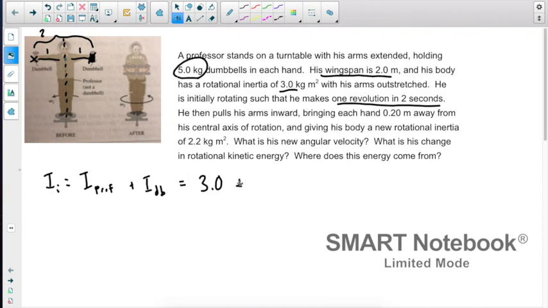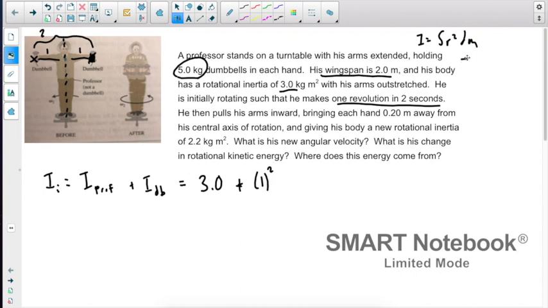So the rotational inertia of 1 dumbbell would therefore be 1 meter squared times 5. Remember, rotational inertia is the integral of r squared dm. And it just so happens that I don't need to use the calculus definition here because I just have a point particle.